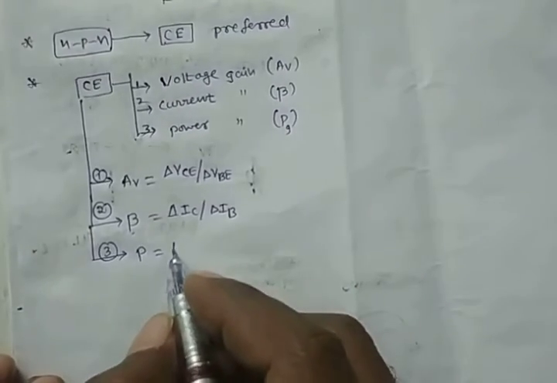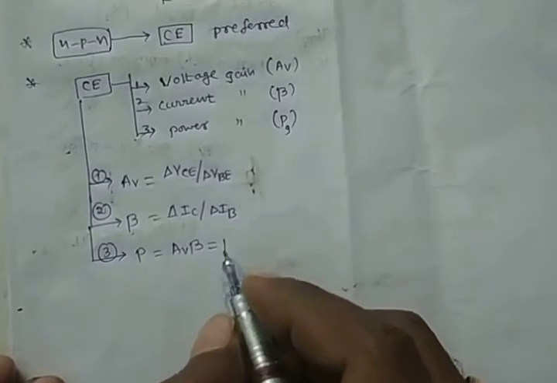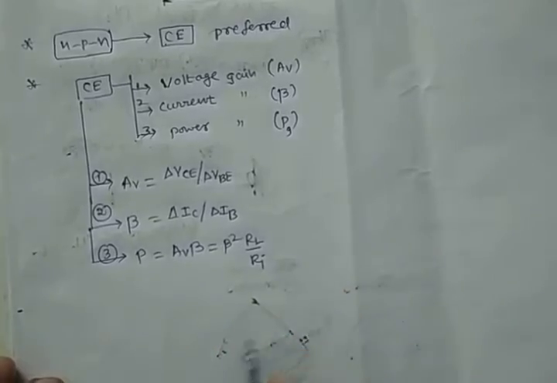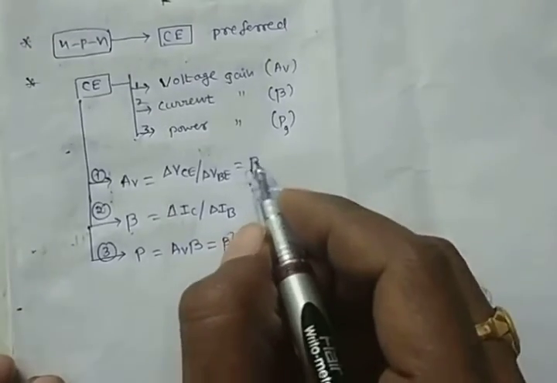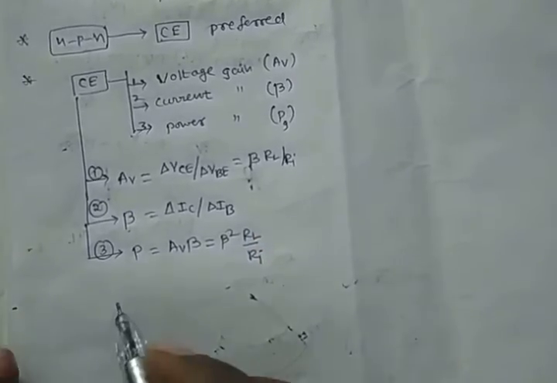Power gain is represented by the product of voltage gain and current gain, nothing but beta squared RL by RI. This can be written as beta AV. Okay.